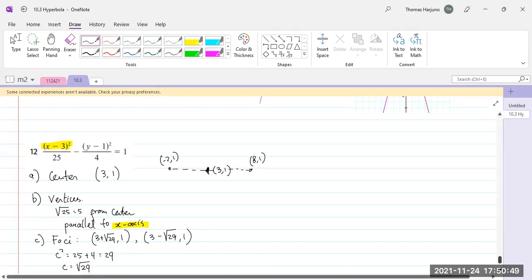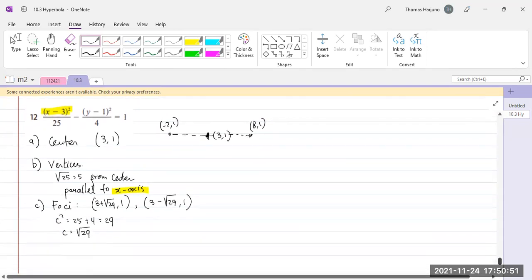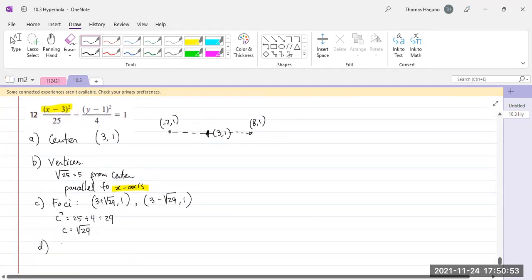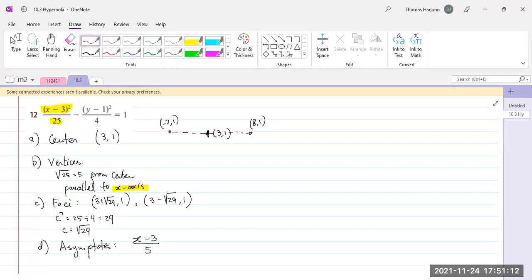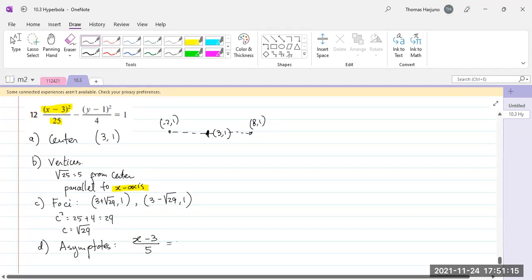Okay. Now, how about the asymptotes? That will be x minus 3 over 5 equals plus or minus y minus 1 over 2.